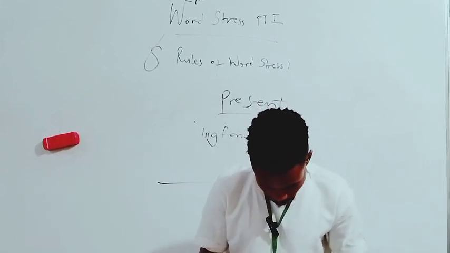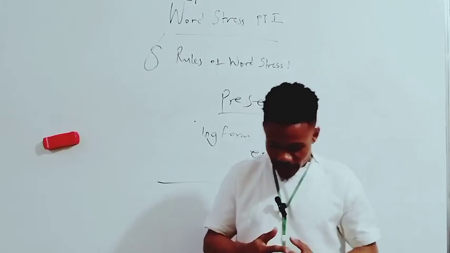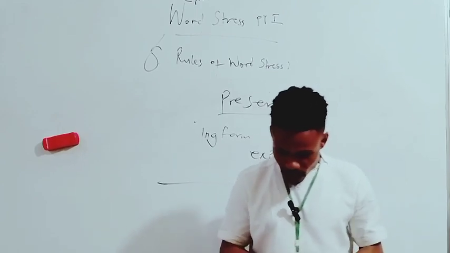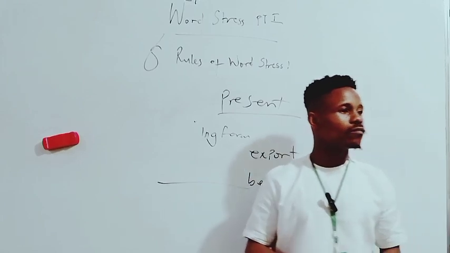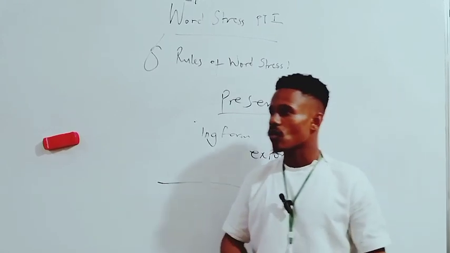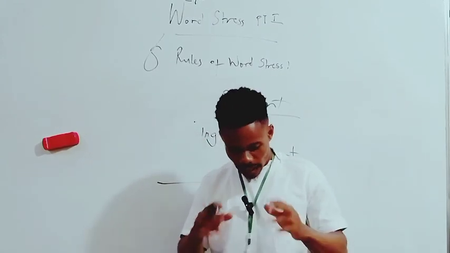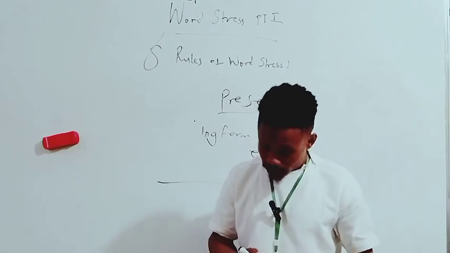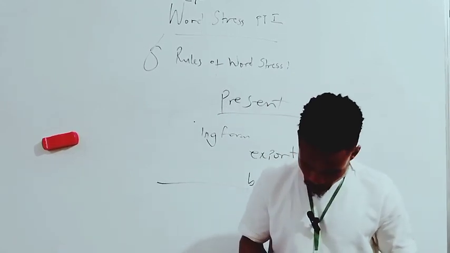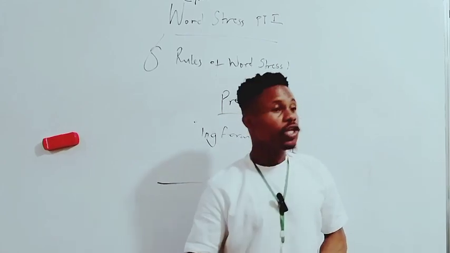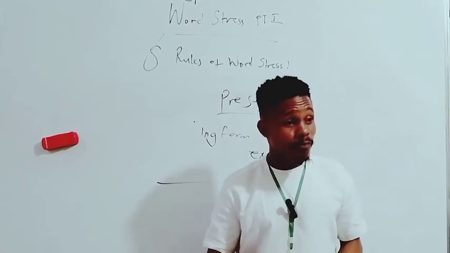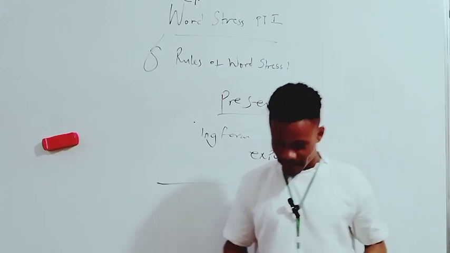Rule 3. Some words in English can be both a noun and a verb. Someone should give me an example. I'm so sorry, I'm going to be fast.